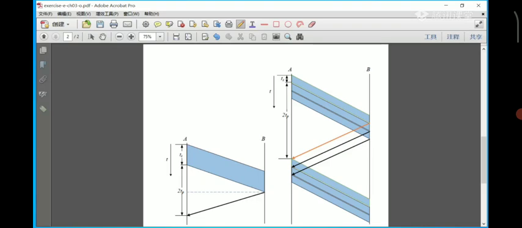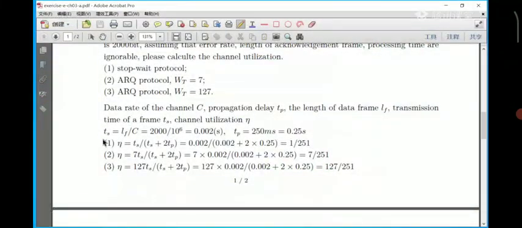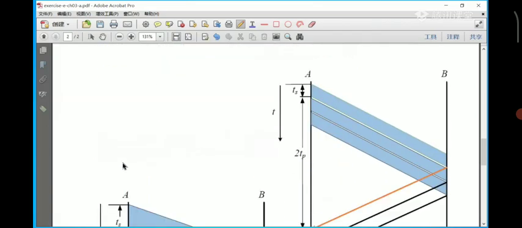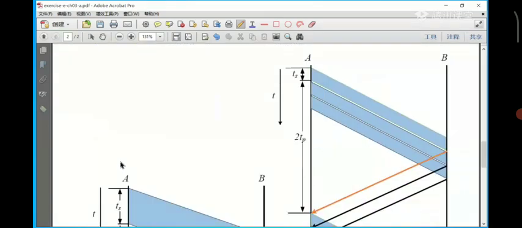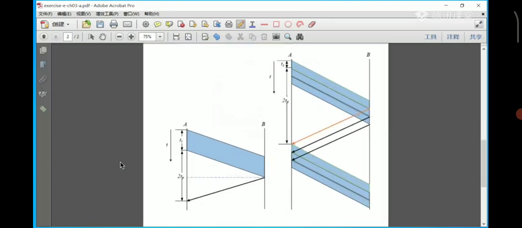So we can determine the utilization. Do you understand?